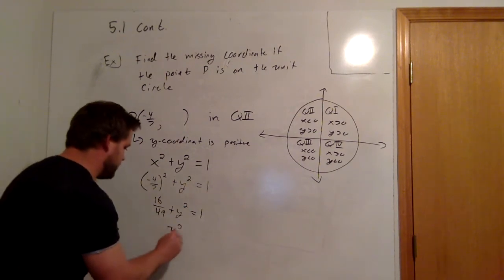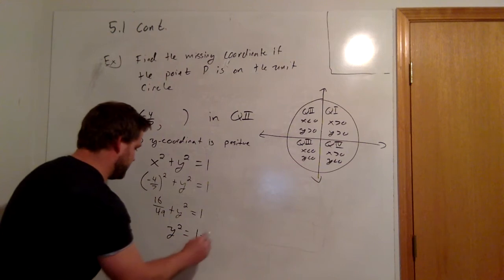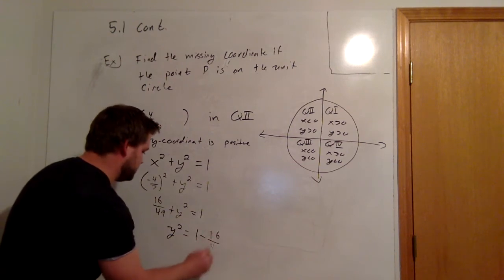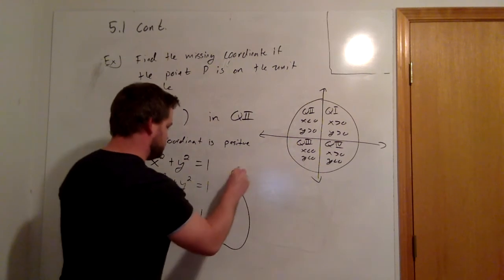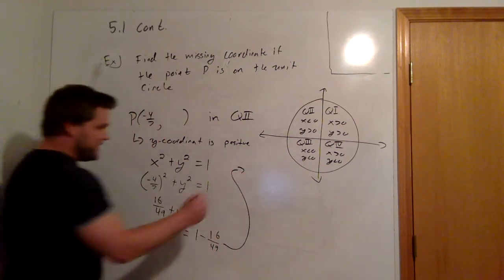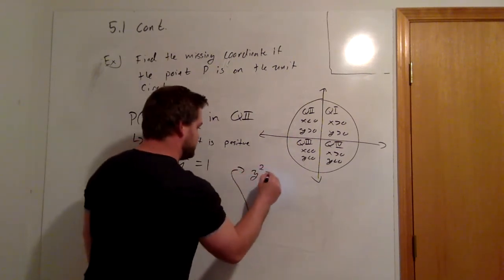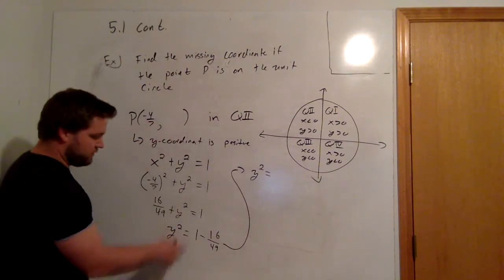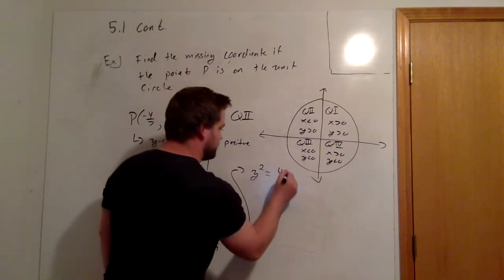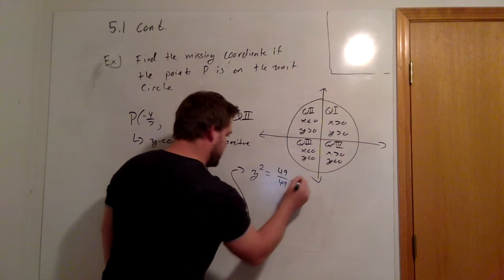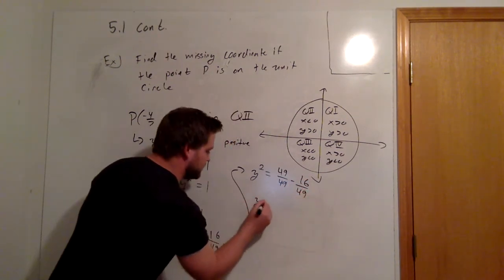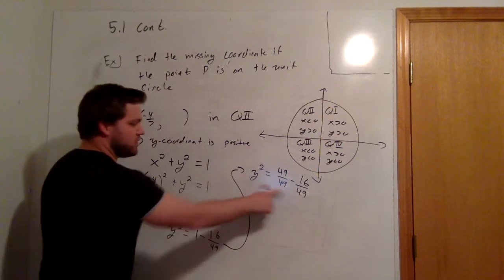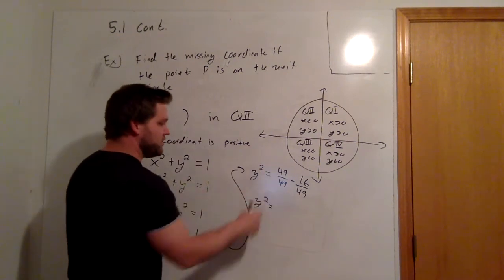So we'll have y squared will be equal to 1 minus 16/49. So we have y squared is going to be equal to, think of this 1 as being 49/49, 49/49 minus 16/49. So we have y squared will equal, since we have a common denominator, we'll subtract the numerators.